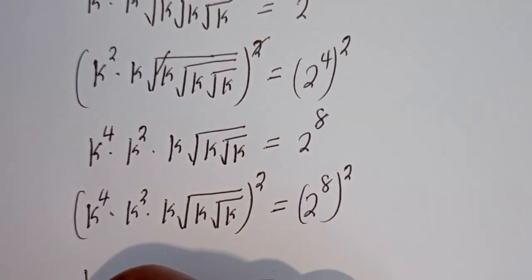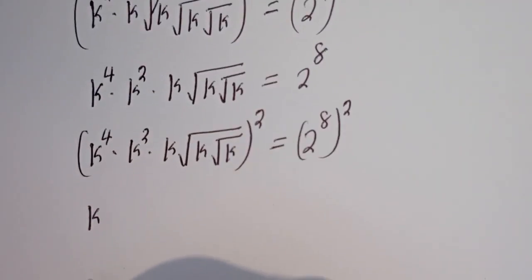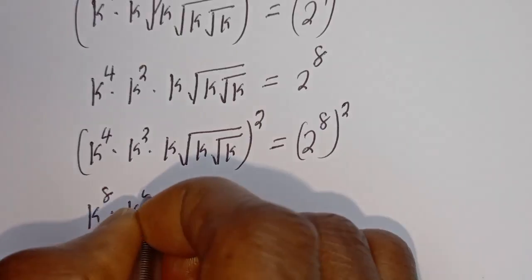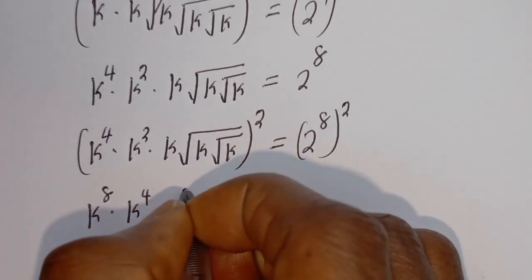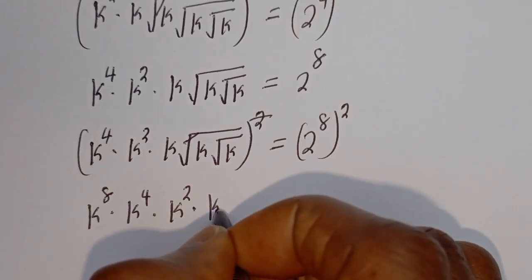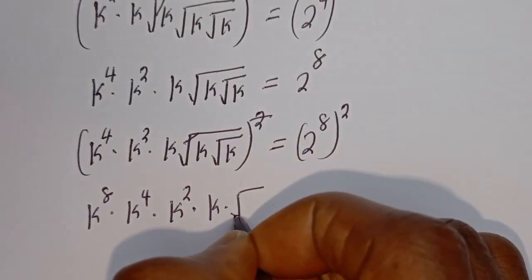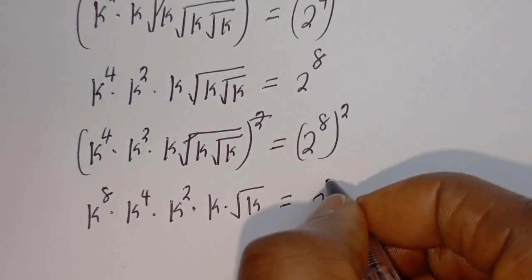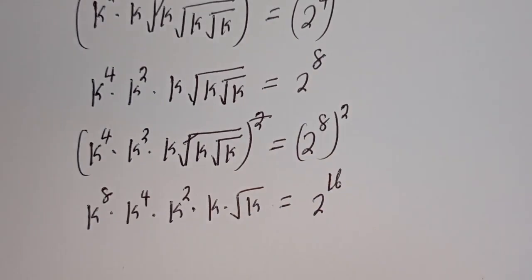Then this is k to the power of 8 multiplied by k to the power of 4 multiplied by k squared. This we cancel this, multiplied by k multiplied by square root of k is equal to 2 to the power of 8 times 2, that is 16.